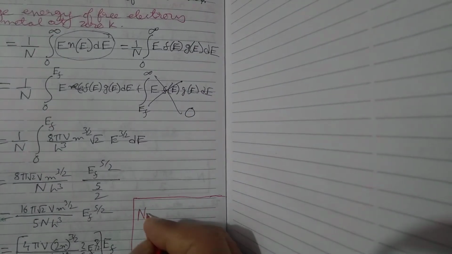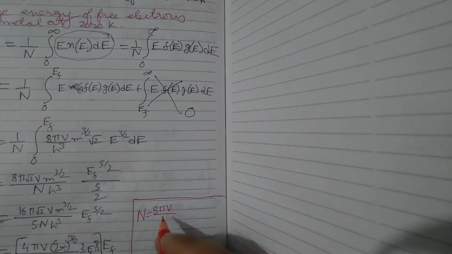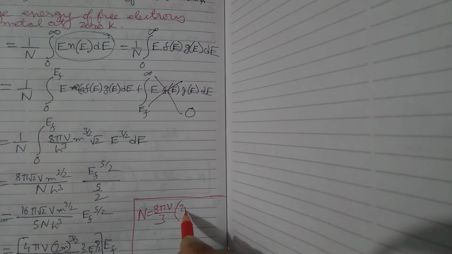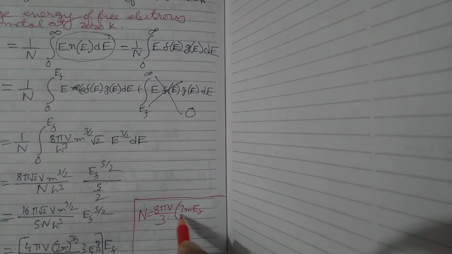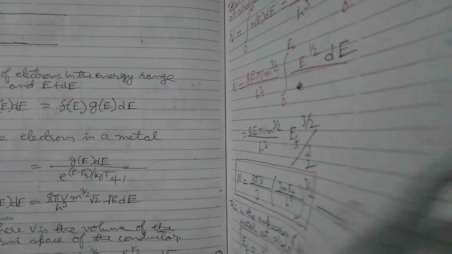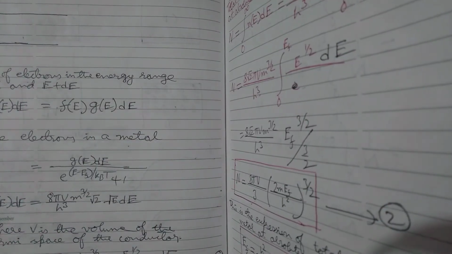N is 8 pi V by 3 into 2mEF by h square whole to the power of 3 by 2.